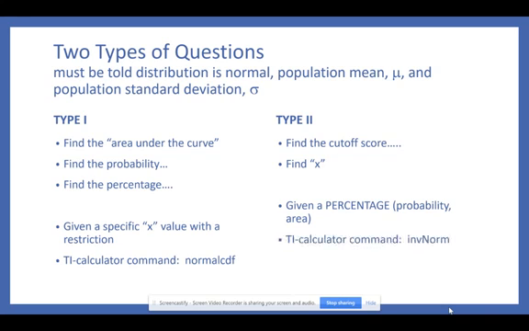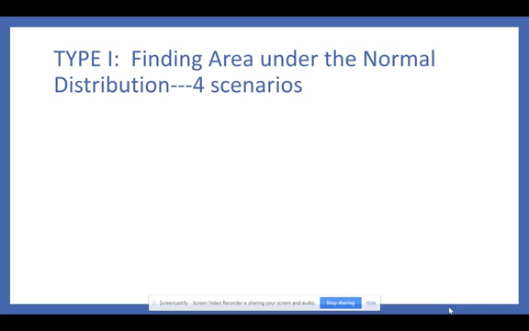It's a different command. In a sense, we're working backwards. And the calculator command is INV, which stands for inverse of the normal distribution. And again, I'll show you where to find it on the calculator and what information you have to enter as we go throughout this presentation. So let's focus on the type 1 first.